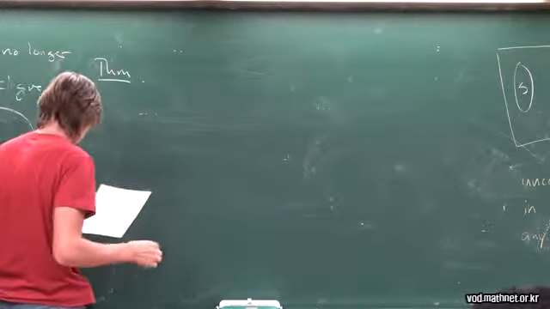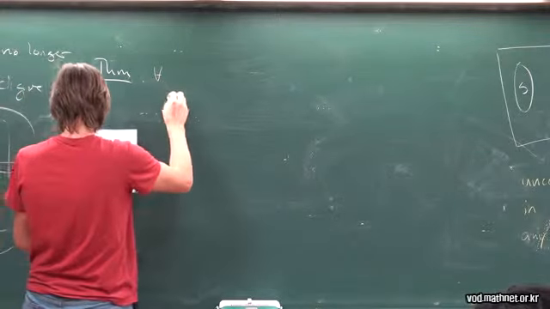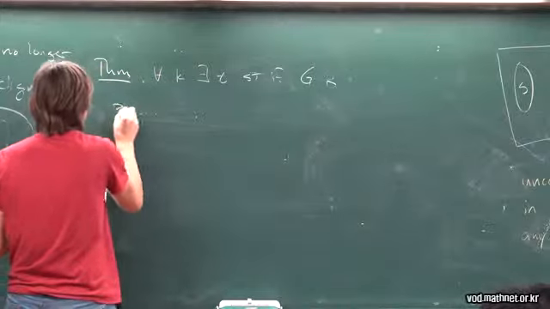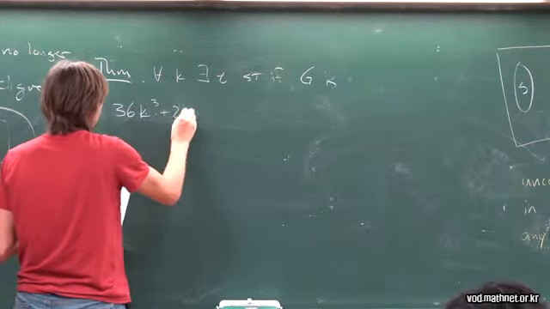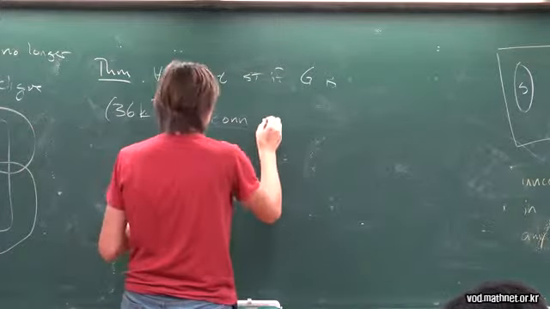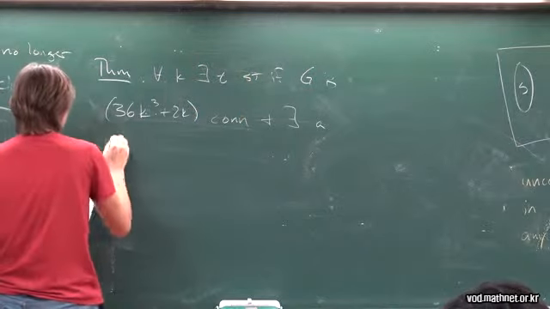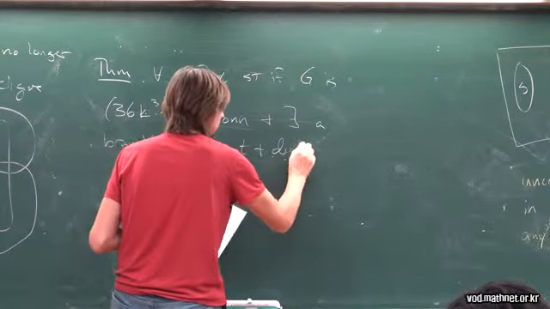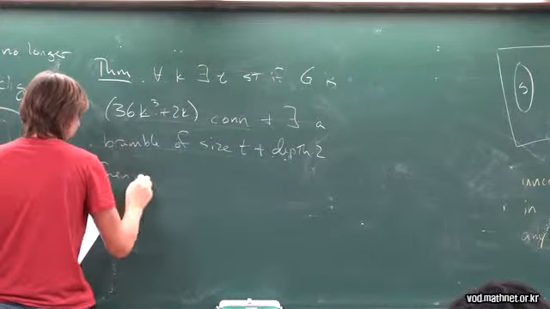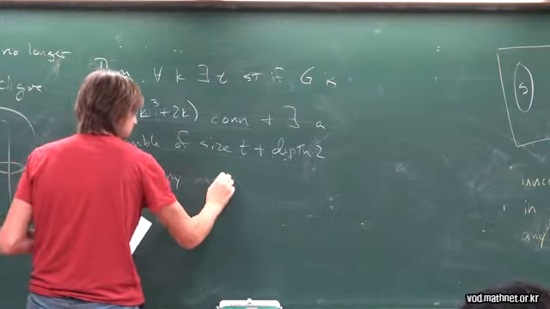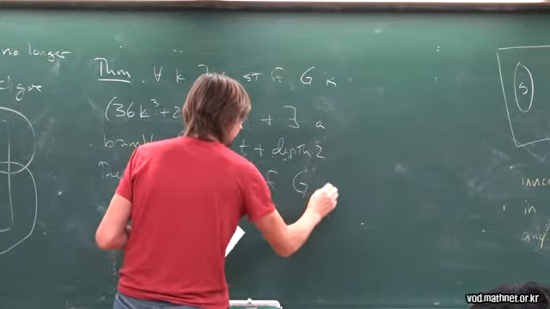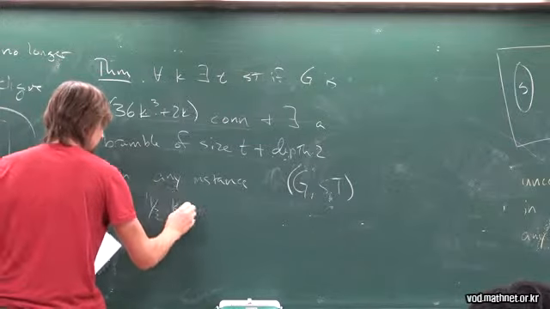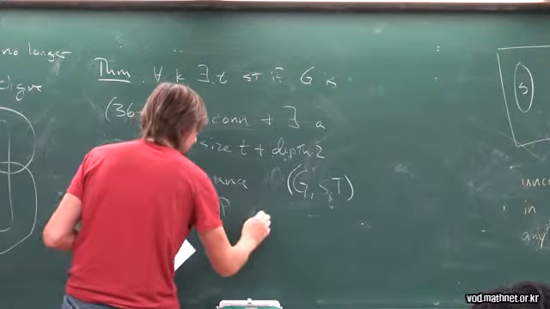So, theorem. For all k, there exists a t such that if G is 36k cubed plus 2k connected, and there exists a bramble of size t and depth 2, then any instance G, S, T of the half integral k directed disjoint paths problem is feasible.